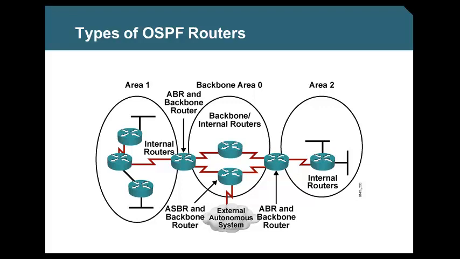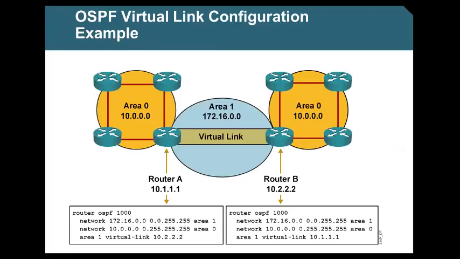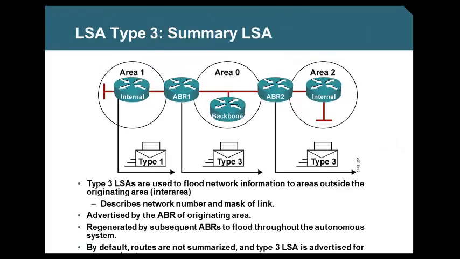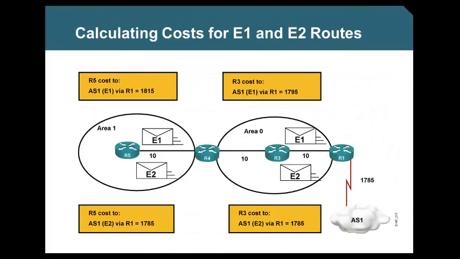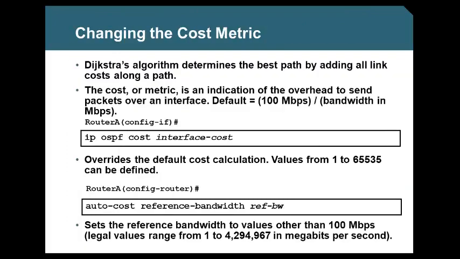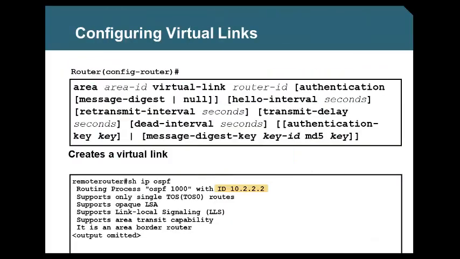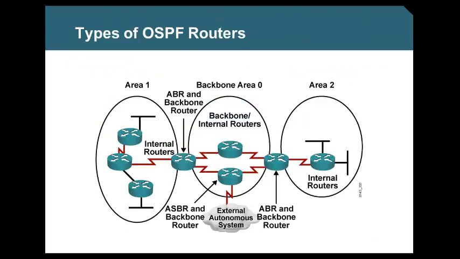You see, this is not properly arranged. Where is the summarization? I thought they would talk about summarization immediately after this. So when you do summarization, the LSAs are going to be reduced.